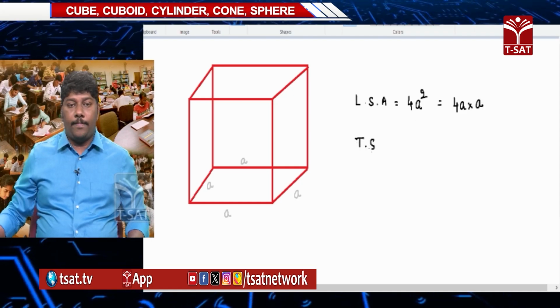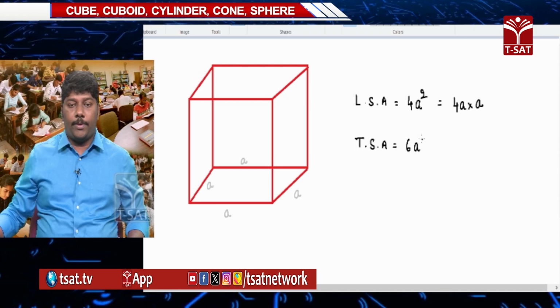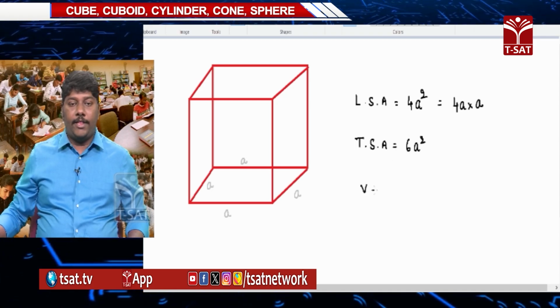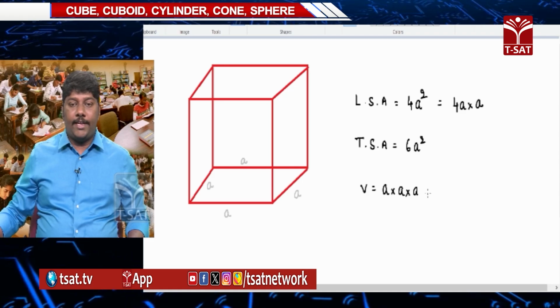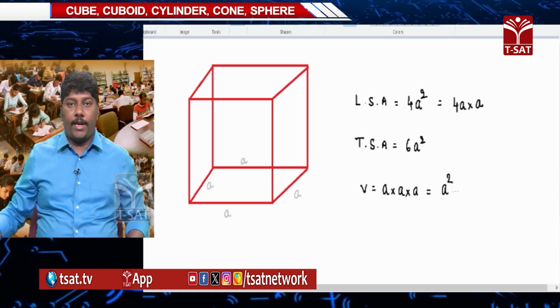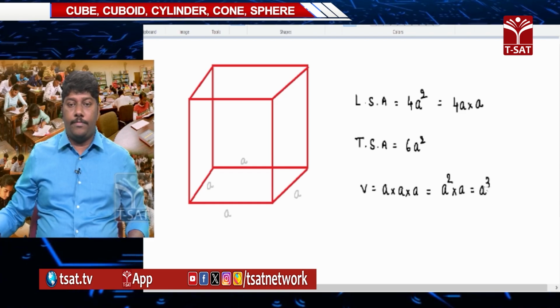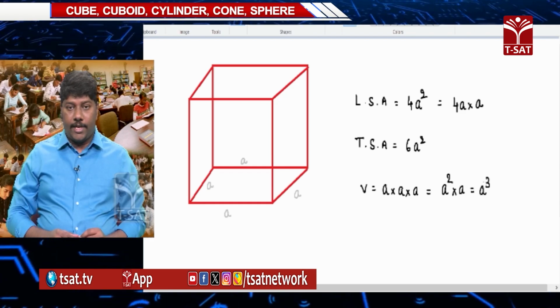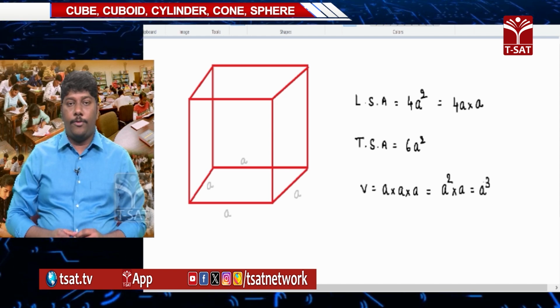Total surface area is all 6 squares, therefore 6a squared. Volume is length into breadth into height, a into a into a, or base area into height. Base area is a squared, height is a, therefore volume of a cube is a cubed. So, lateral surface area is 4a squared, total surface area is 6a squared, and volume is a cubed.